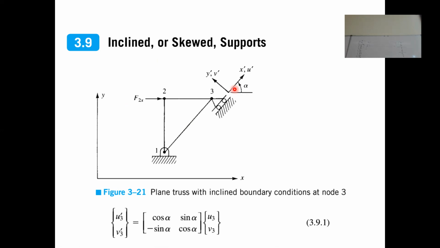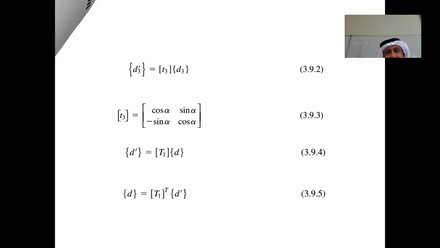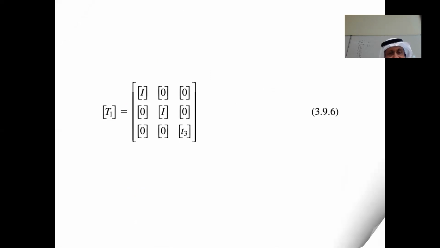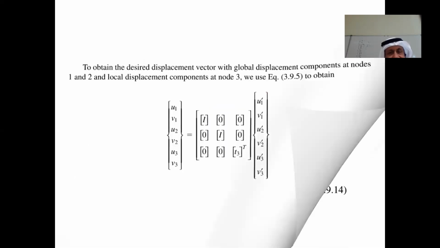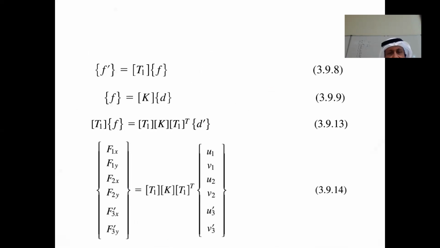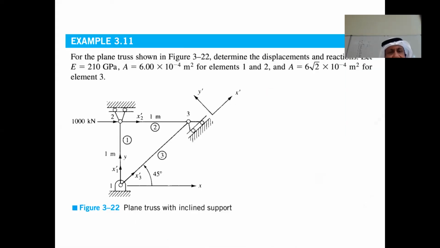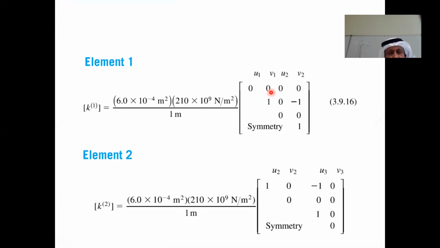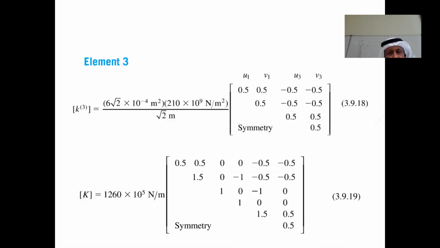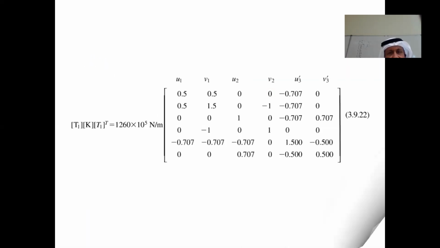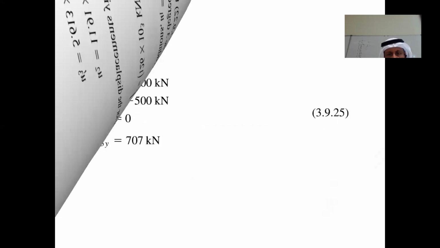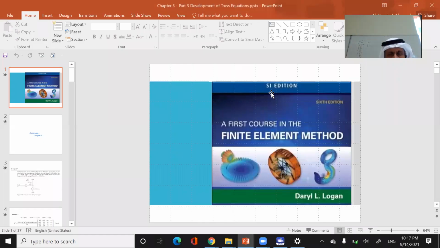This will be covered next class, but try to see how you look at this. Just try to see what you can do, and then there are examples. During the weekend, try to enjoy it. This is when you have a skew support, and that's it.